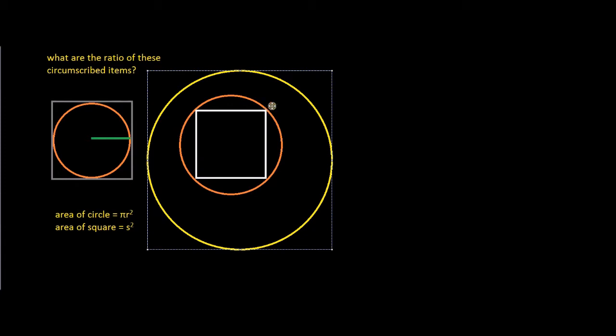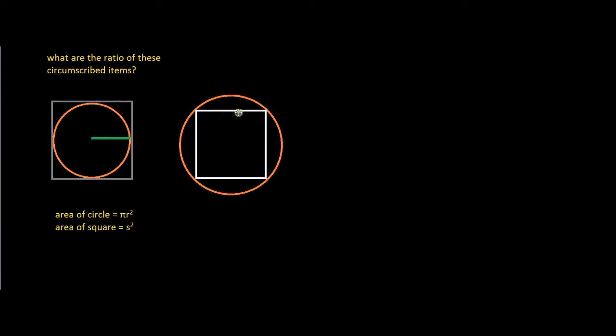And if you go out any, then obviously there's space between the vertices and the circle. So we're just looking at this minimum circumscribed circle, or this minimum circumscribed square, where if you go any further in, the item is no longer inside the outer item. And if you go out any, obviously you're getting bigger.